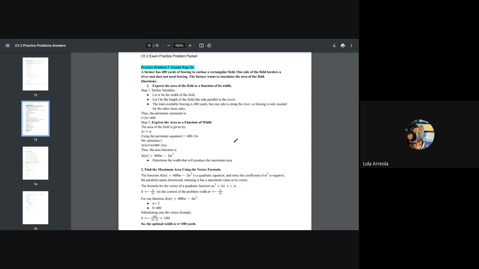You can draw out the problem, plug in 50. 50's here, 50's here, and then length is equal to 200 minus 2w, so 50 is also right here. So now 200 minus 2 times 50. Length is 100. So 50 times 100 also gives me my max area, based on my knowledge of length times width. So it's completely up to you.